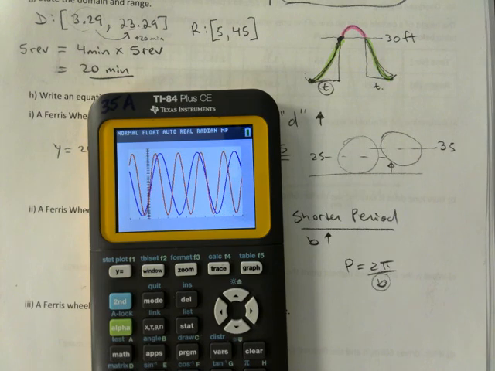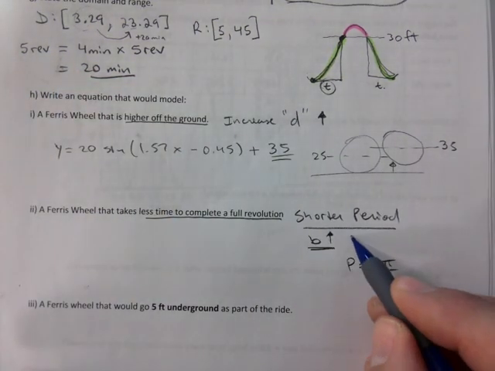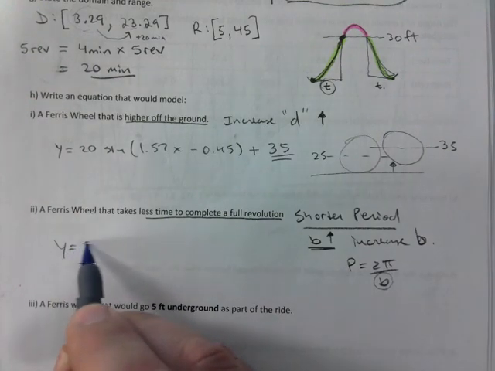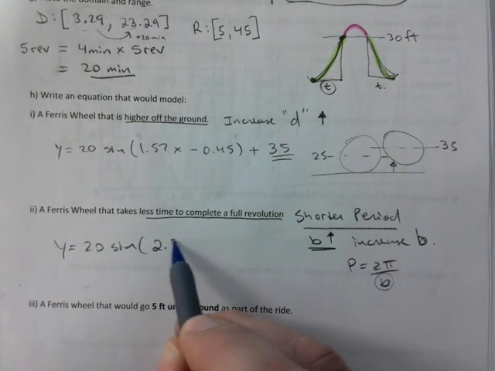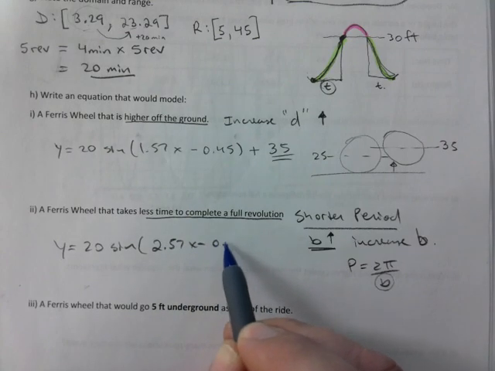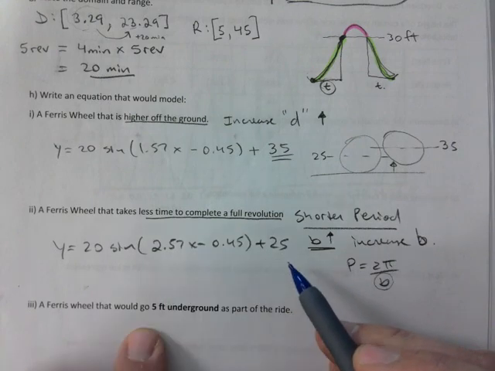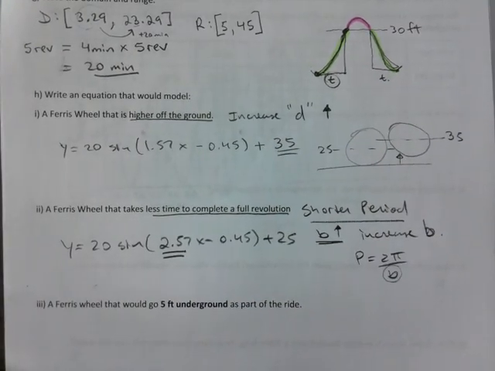See that second one? It happens quicker, right? It's turning faster. So we need to increase B. So all you need to do is write 2.57x minus 0.45 plus 25. I'm going to keep the D untouched, right? But this is the one I changed.